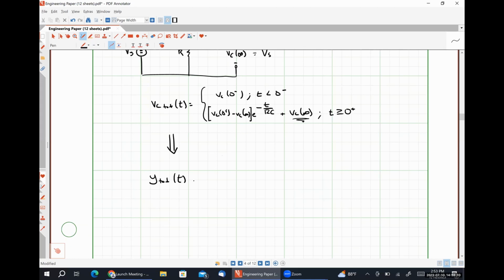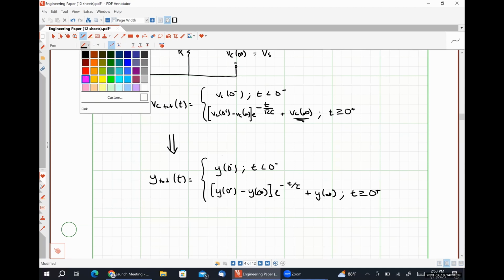So generically, then, our expression will become y total is equal to y at 0 minus for t less than 0 minus, and y at 0 plus minus y at infinity, e to the negative t over tau plus y at infinity for t greater than or equal to 0 plus.